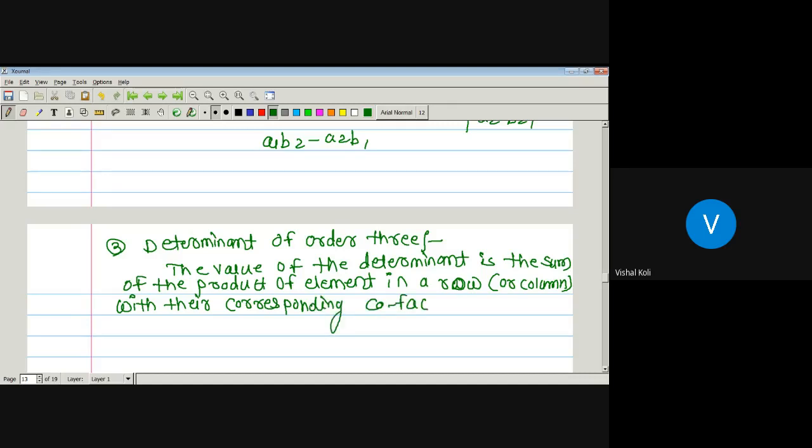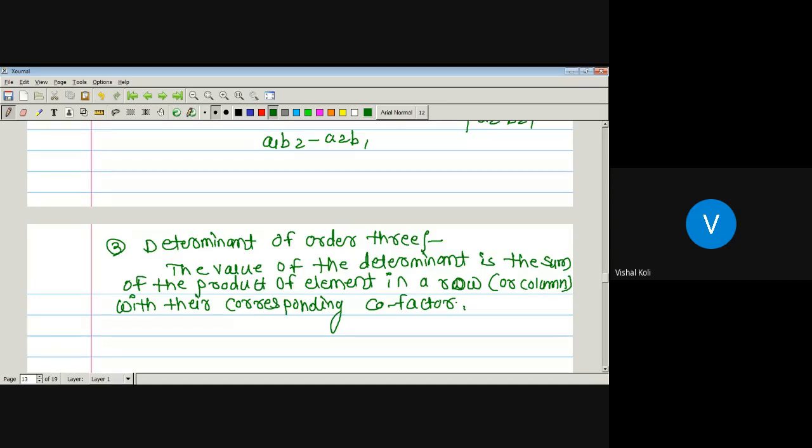This will be the actual definition of a determinant. Okay, so value of the determinant is the sum of the product of elements in a row with their corresponding cofactors. That one is nothing but the value of the determinant of order 3.